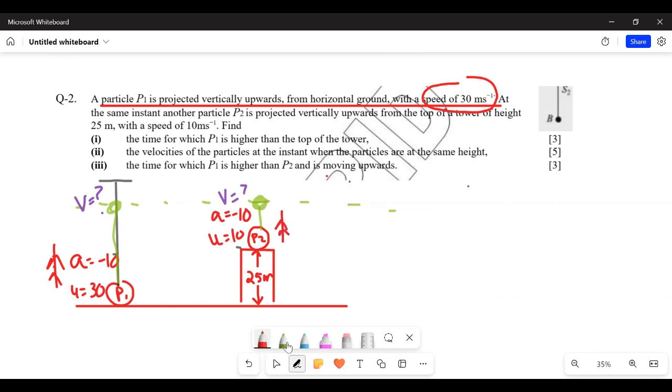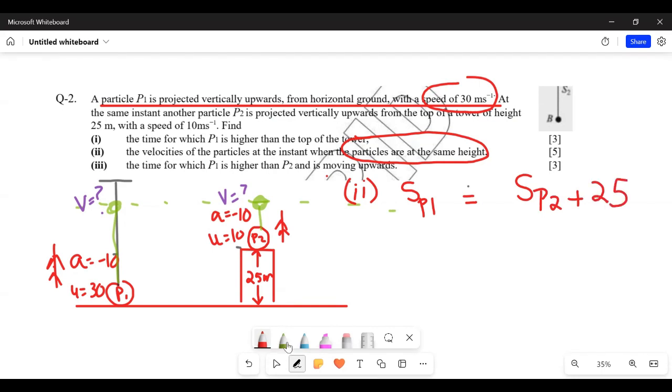Okay, so now it says that the particles are at the same height. So the equation you start with is that the distance covered by P1 should be equal to distance covered by P2 plus 25.